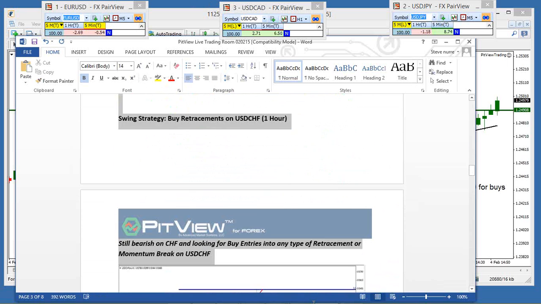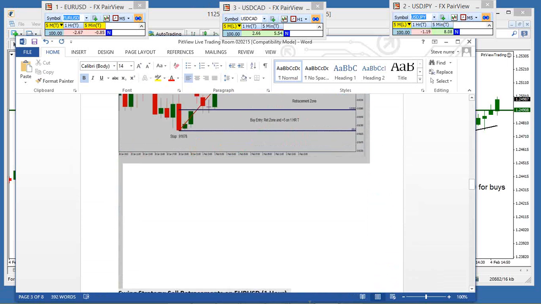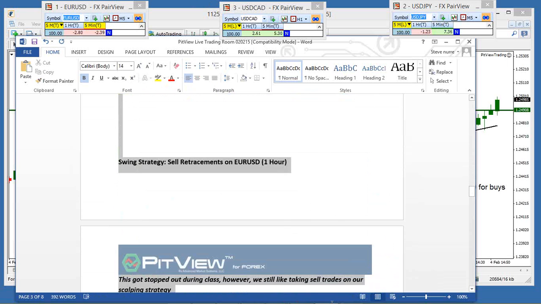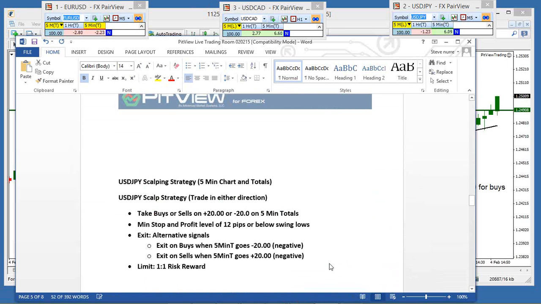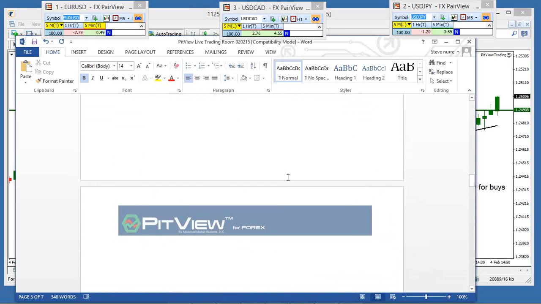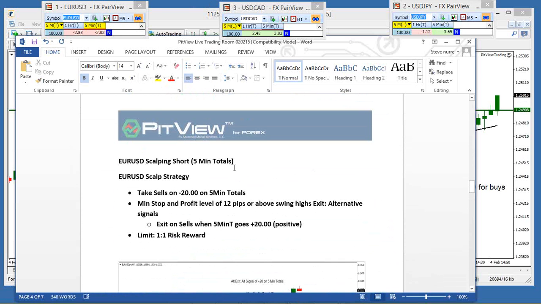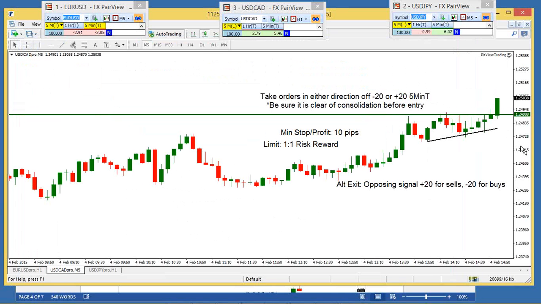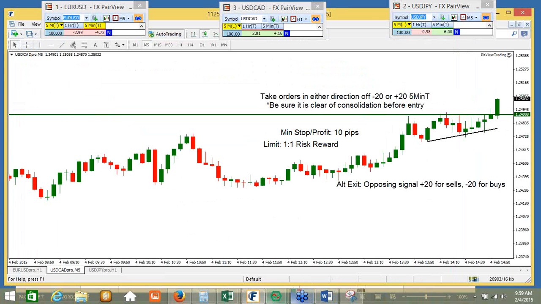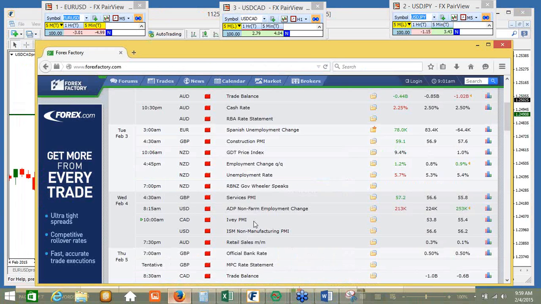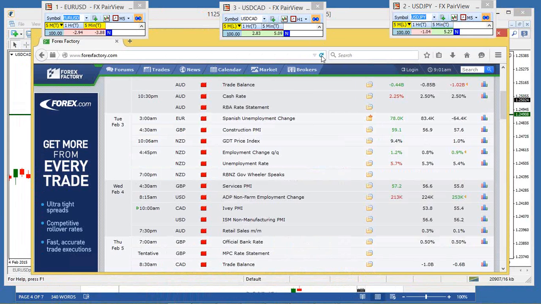These other ones in here, let's see. Retracements on euro. I'm already short the euro right now. Let's see here. I'm going to refresh this page.